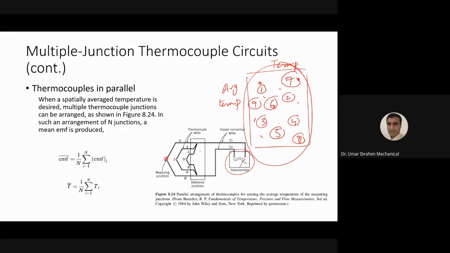And then we studied how a thermocouple is made, what are the materials that are used, what are the different types of thermocouple, what are those thermocouples' advantages or specific speciality.